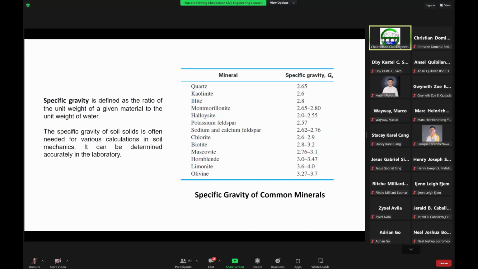That's the one you use in the calculations. In practice, these are the values we normally use, about 2.6 to 2.65, depending on the dominant mineral.